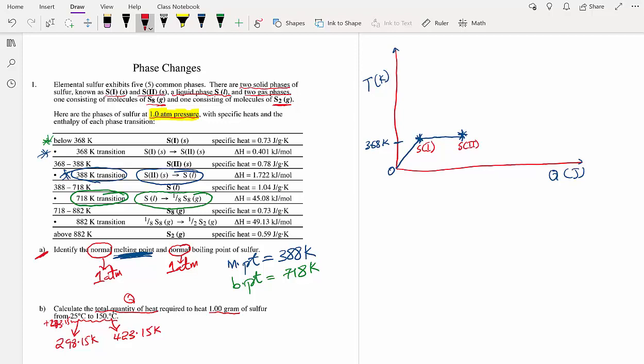Then you can now increase the temperature from 368 up to 388. So you can have an increase up to 388.